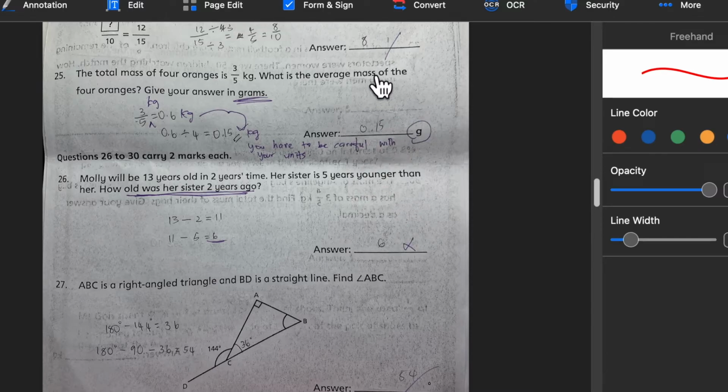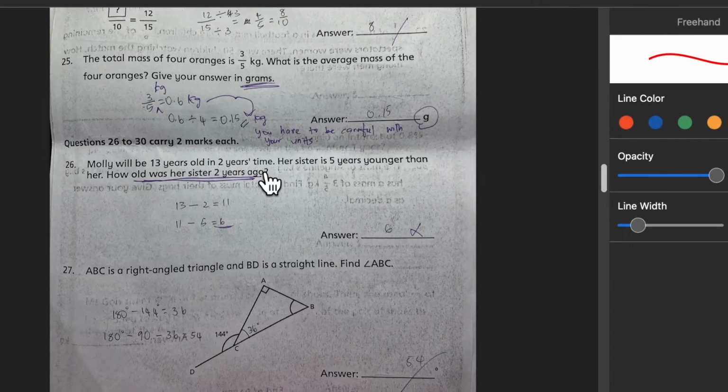Question 26 is about age. Okay, Molly will be 13 years old in 2 years time. So now I put here, 2 years time will be 2024.